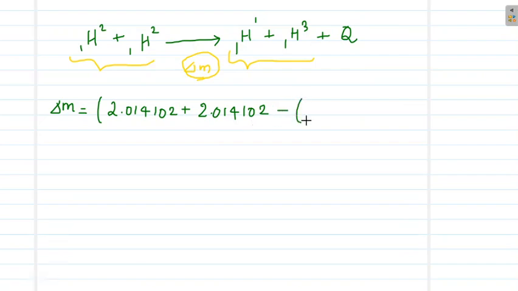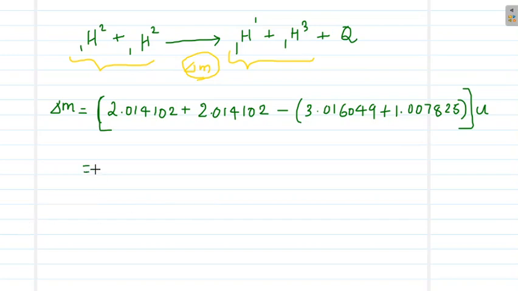The mass of the final products is given by a tritium whose mass is 3.016049, and the mass of the proton is 1.007825. So this is the total mass defect. If it is converted into energy, how much energy will that be?